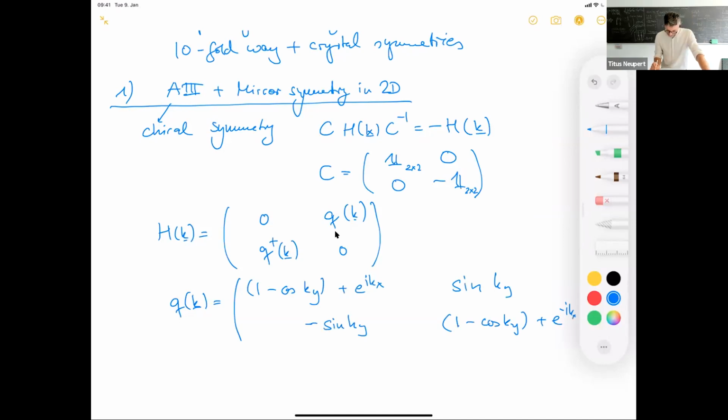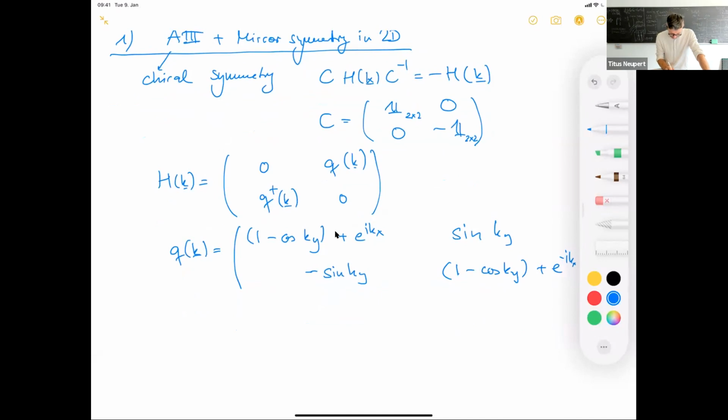Okay, and I say I want this to be mirror symmetric. So what's the mirror symmetry? First of all, I want the mirror symmetry in the y direction that acts on the Hamiltonian as follows: M inverse H(kx, ky) M equals H(kx, minus ky), and the specific representation of mirror symmetry that this Hamiltonian obeys is sigma z, 0, 0, sigma z.